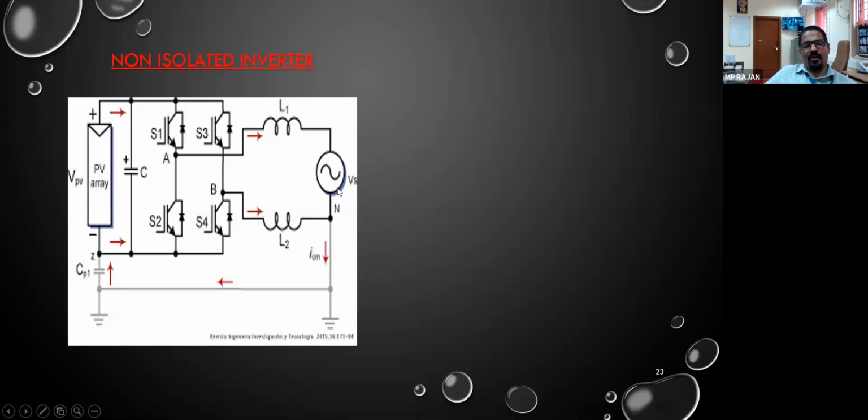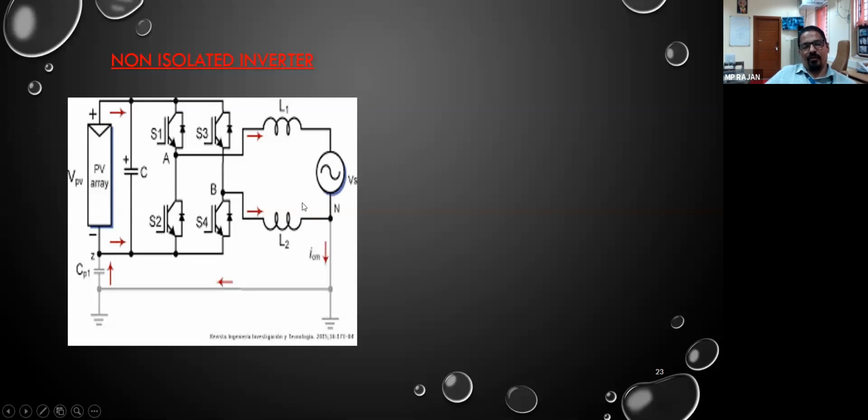Then the circuit goes back to the negative line. That means when S3 and S2 are conducting, S1 and S4 are not conducting, and the supply goes like this. When S1 and S4 are conducting, the DC supply goes from here through the filter circuit, through the load, and through the S4 line. So DC is converted into AC.